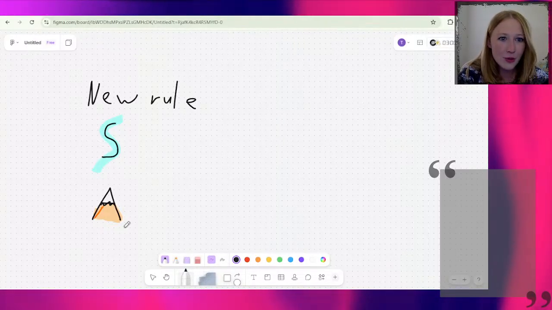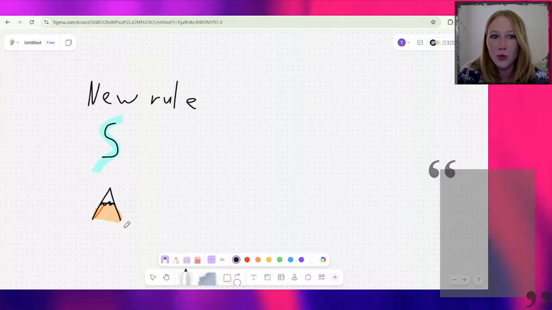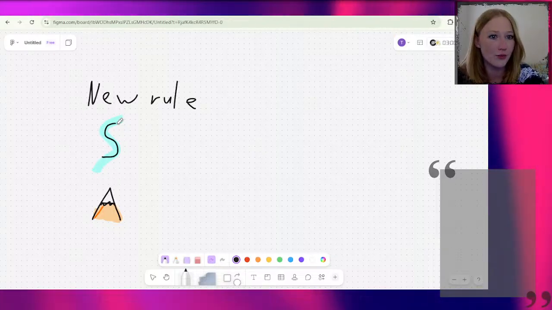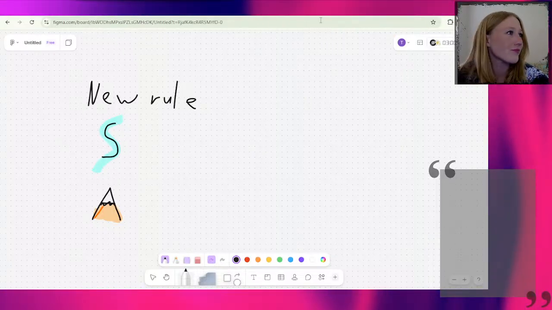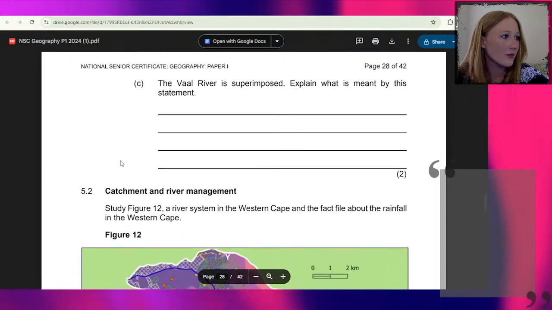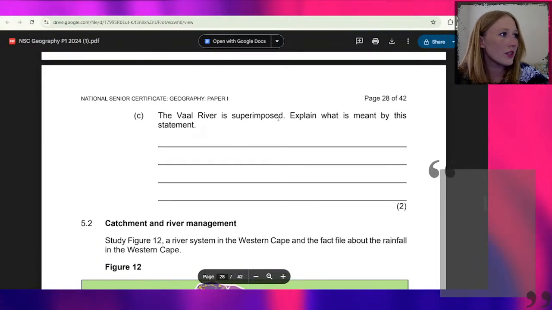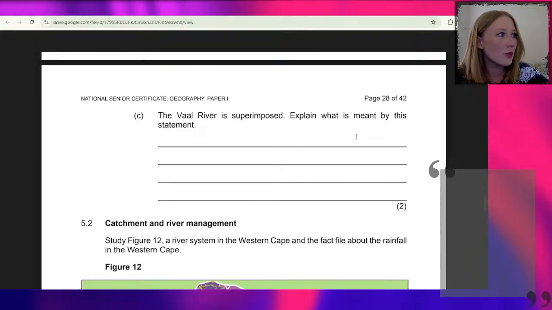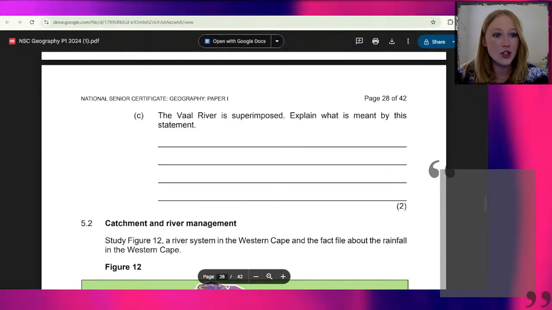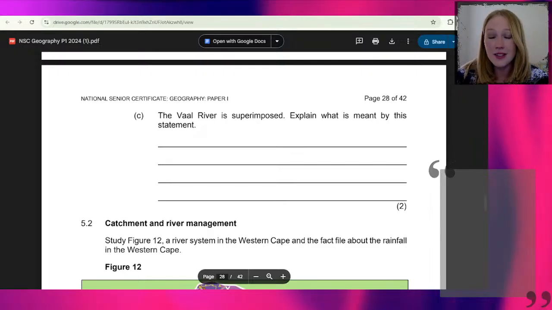Hopefully that makes sense, because now that we go back to what is superimposed, it means that the stream is new. Okay, bear with me. So the stream is new. The river is superimposed. Explain what is meant by the statement. It means that the geology already existed.